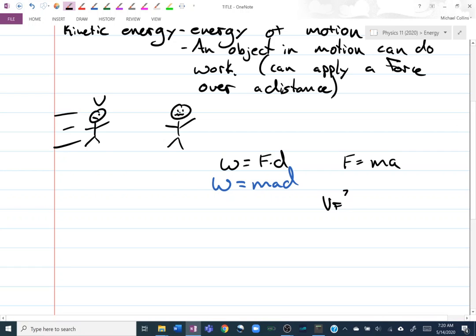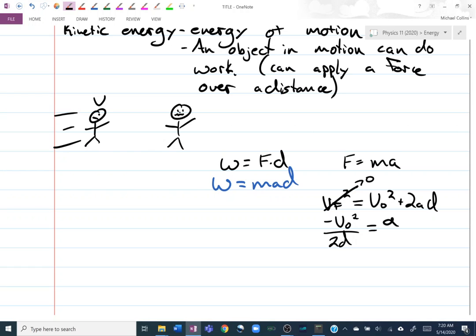Vf squared is equal to V naught squared plus 2AD. When he's done the maximum amount of work, his final velocity will have gone to 0. So if we rearrange this, negative V naught squared over 2D would be equal to A, and the negative just indicates a direction in relation to that acceleration, and work, it turns out, is actually a scalar, not a vector, so I am going to ignore that negative sign as I take this expression and substitute it in for my acceleration.